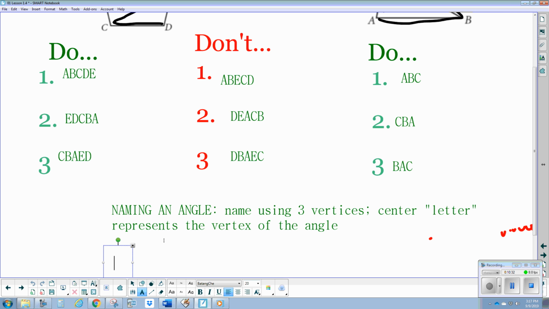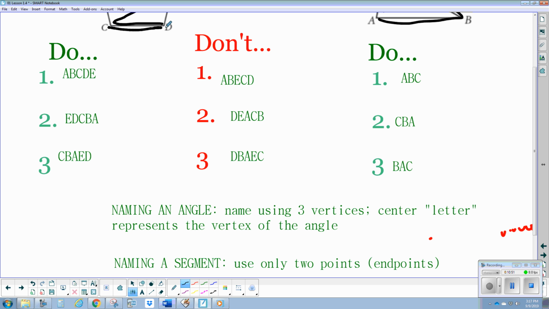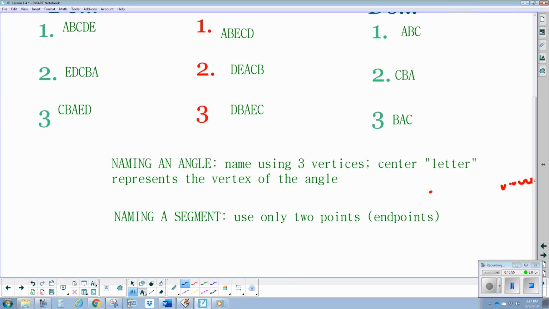Okay, and then one more thing to highlight is naming a segment. Use only 2 points, and those should be the endpoints. So if I wanted to name segment CD, I would simply say segment CD.